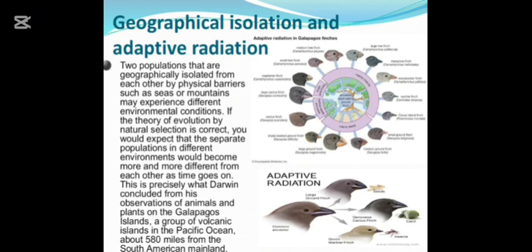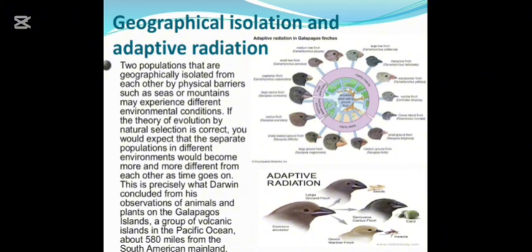Now, geographical isolation and adaptive radiation are other ways to show that evolution actually took place. Two populations that are geographically isolated from each other by physical barriers, such as seas or mountains, may experience different environmental conditions.